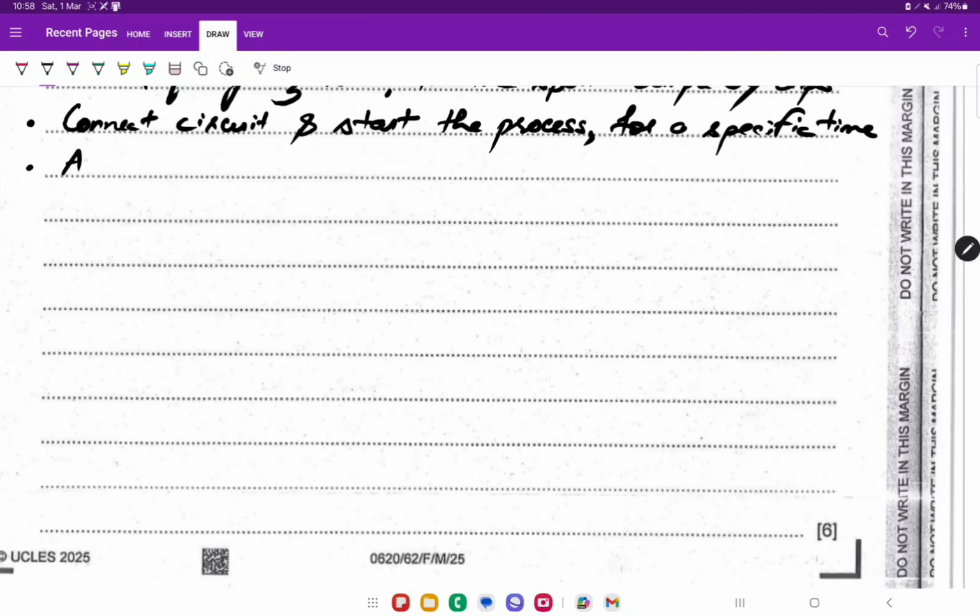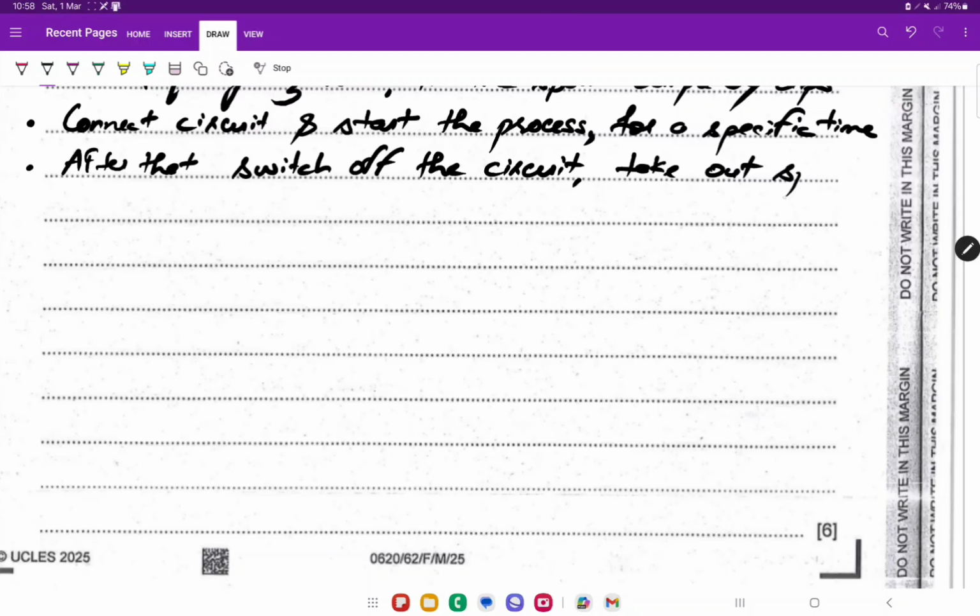After that, switch off the circuit, take out the spoon and dry it.